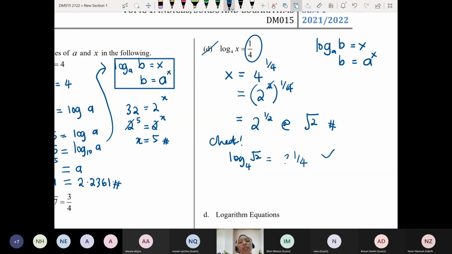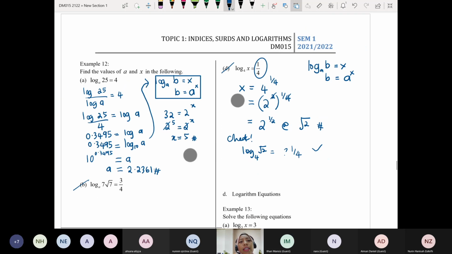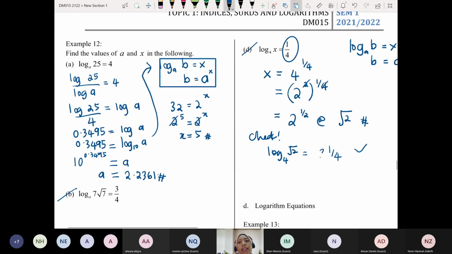So jawapan kita betul lah. Okay. Kenapa dia lebih senang berbanding yang tadi? Can anyone tell me why? Kenapa? Apa beza? Yes. Kalau tadi A tu yang kita cari, the one that we want to find is the base, yang A ni. But ini kita nak cari X. Base dia kita dah tahu.